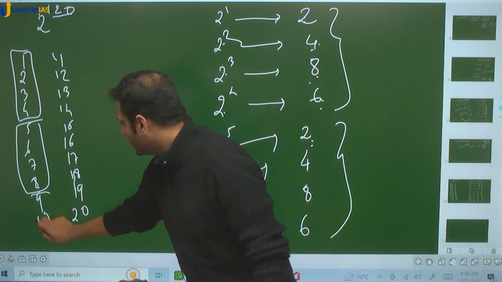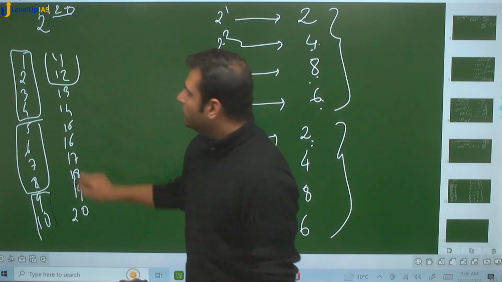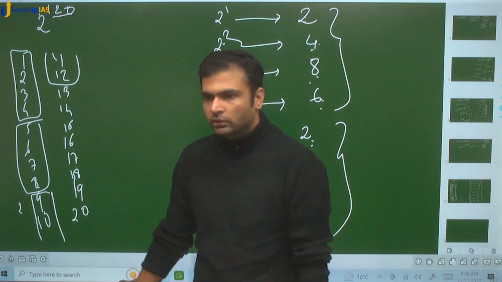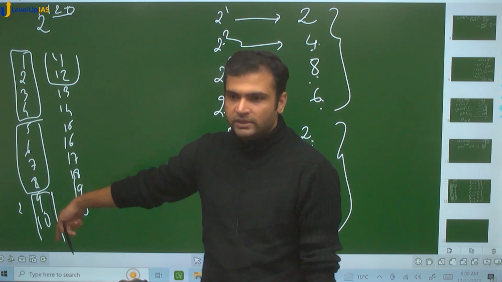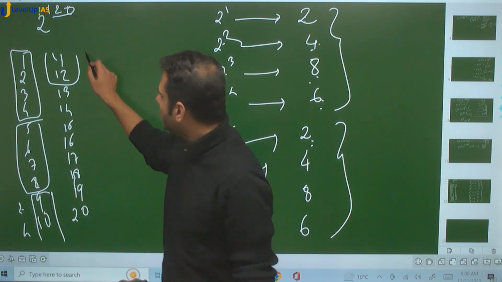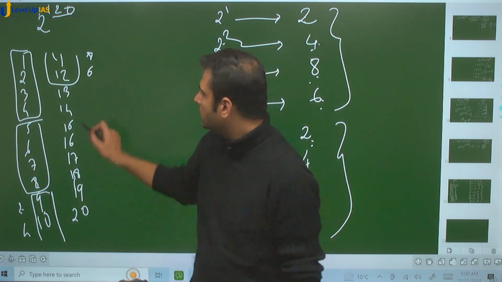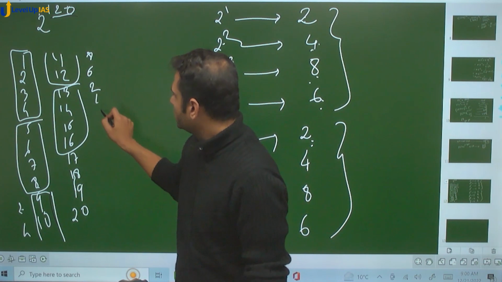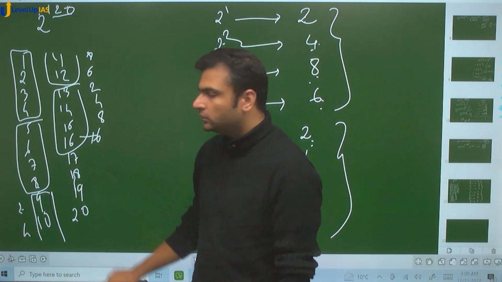Then the next block, 9, 10, 11, 12. For 2 raised to 9, the units place would be 2, then 4, 8, 6. So the units place will be 2 for this, 4 for this, 8 for this, and 6 for this. Again the next block: 2 for this, 4 for this, 8 for this, 6 for this.